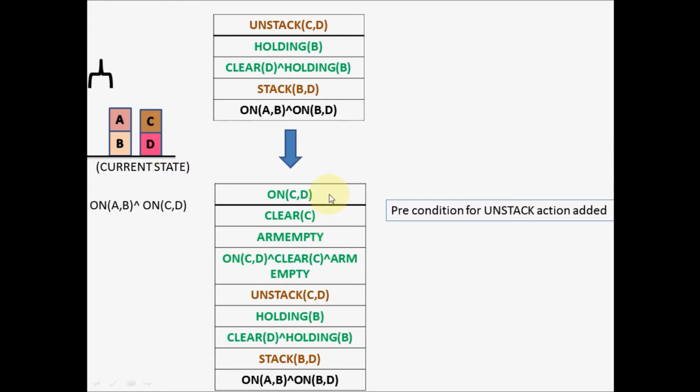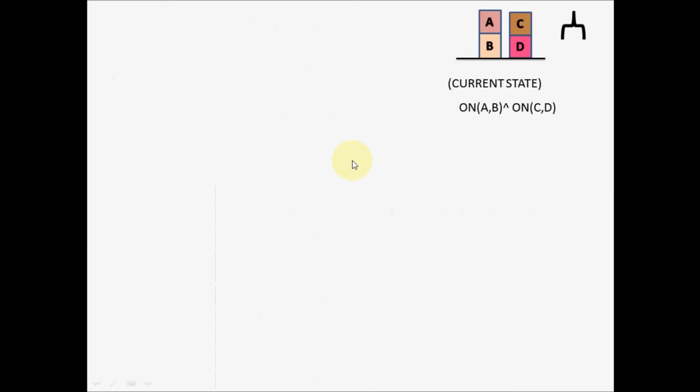So we have loaded all the preconditions for the unstack action on top of the action called unstack. Now again we check what is on top of the stack. It's a predicate. Is this predicate true with respect to the current state? Is C present on D? Yes. So you can simply pop it.